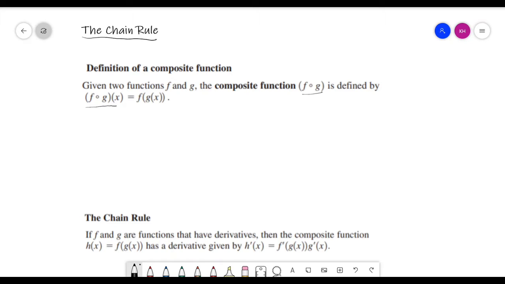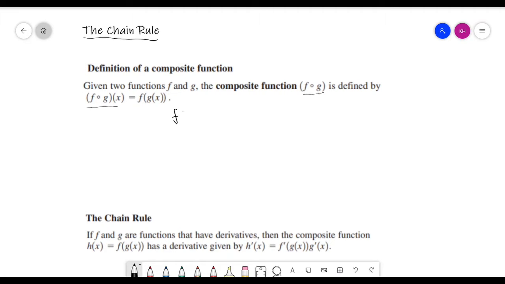So I'm going to give you an example and make it simpler. Let's say we have the function f of x equals x squared. And let's take another function and define it as g of x, which is going to be x plus 4.